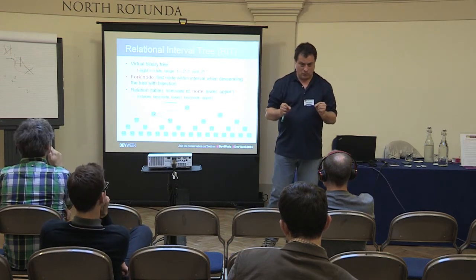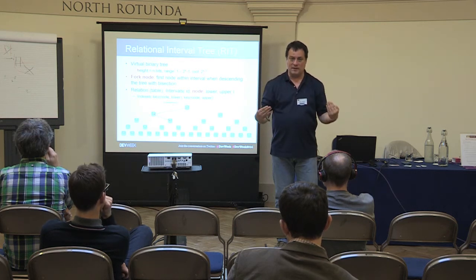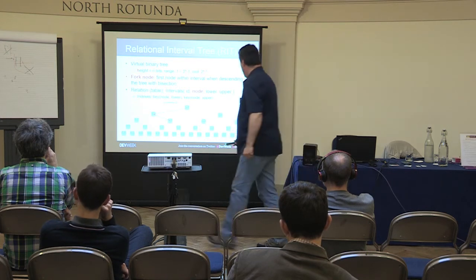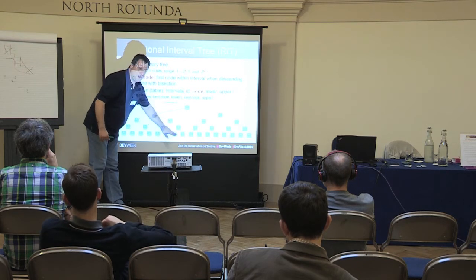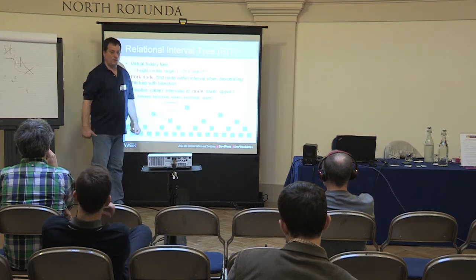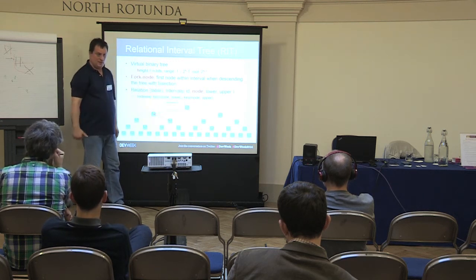It's not enough just to get the correct fork node, because this fork node covers also intervals that do not overlap with the given interval. So, for example, interval from 9 to 10 wouldn't overlap with interval 11 to 13, although they have both the same fork node. The same fork node covers both, right?